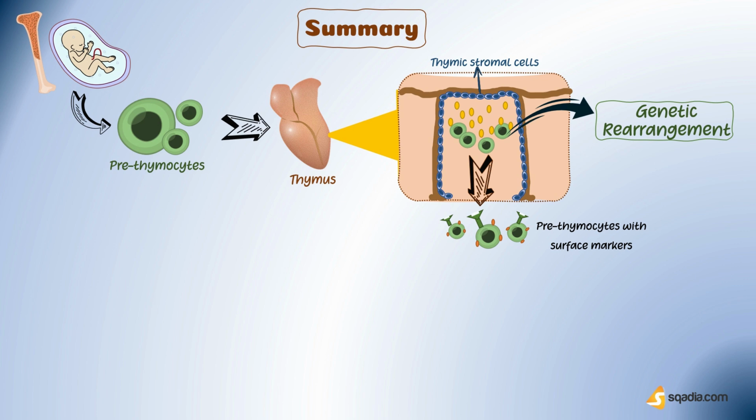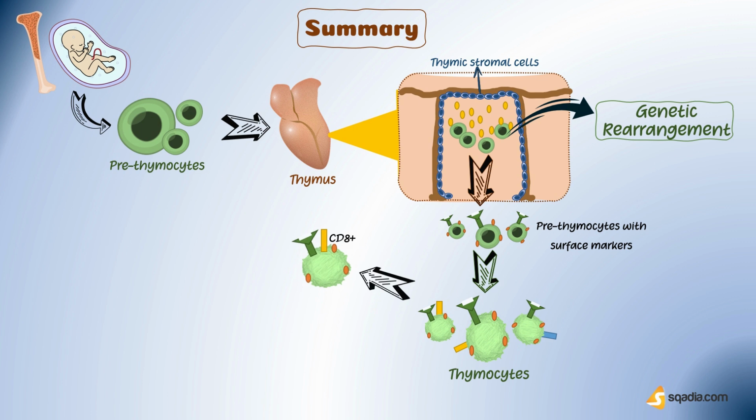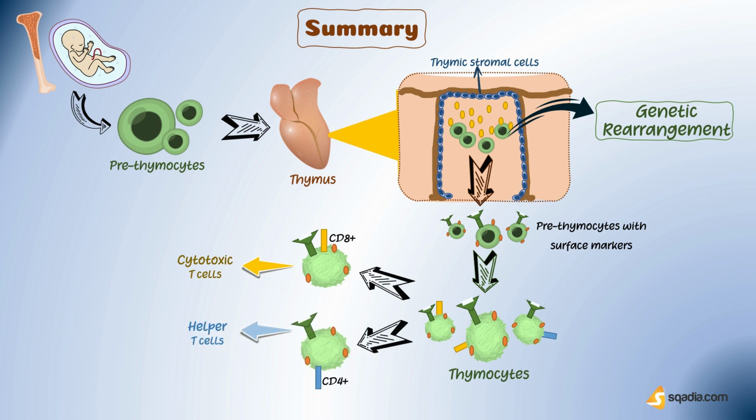But at later stages, through the development of certain surface protein markers, pre-thymocytes mature and give rise to thymocytes. By that stage, they have decided to follow a certain subset of T-lymphocytes: mainly CD8 plus T cells, which form the cytotoxic cells that play a role in cell-mediated immunity, or CD4 plus T cells, the helper T cells, which, as the name shows, provide help for pathogen killing to other cells. And some of these T-lymphocytes also develop into regulatory T cells, that help regulate the components of the immune system.